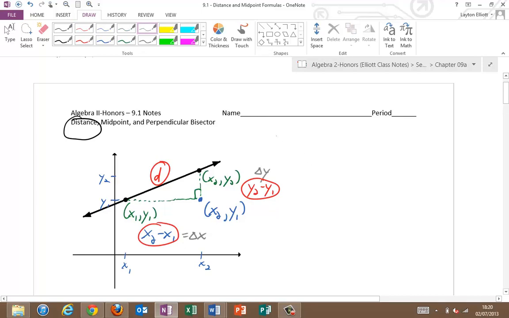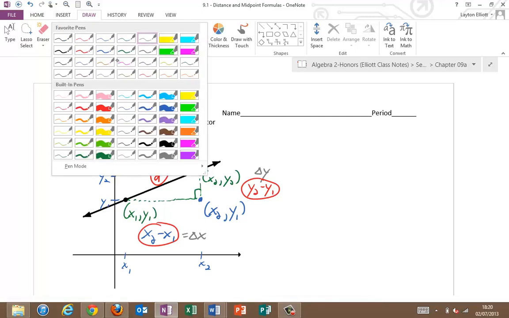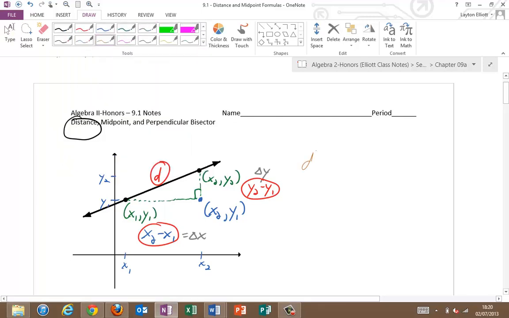When we build the Pythagorean theorem, we're going to say that d squared is equal to the change in x squared plus the change in y squared. That triangle is a delta, and it means change. It means subtraction.